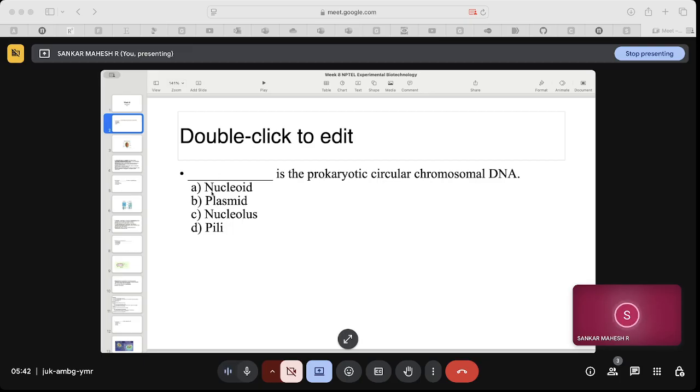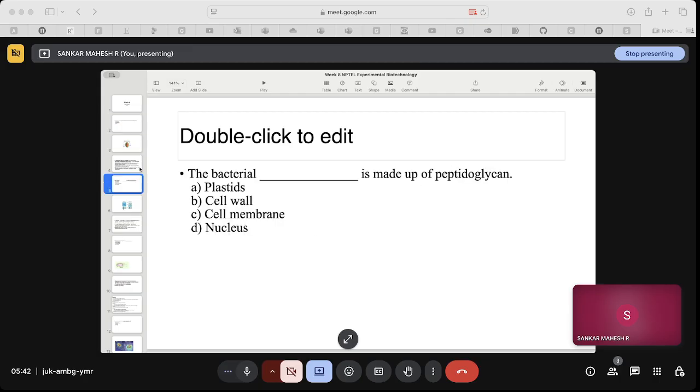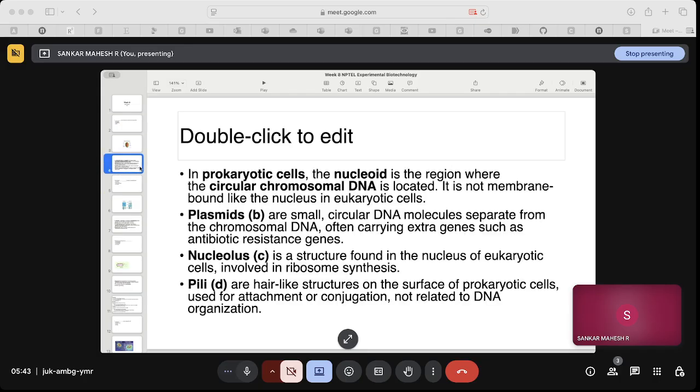Nucleoid is that chromosomal circular DNA that we have in bacteria. Nucleolus is the region. So the right answer is nucleoid. I've just given this as a text here.